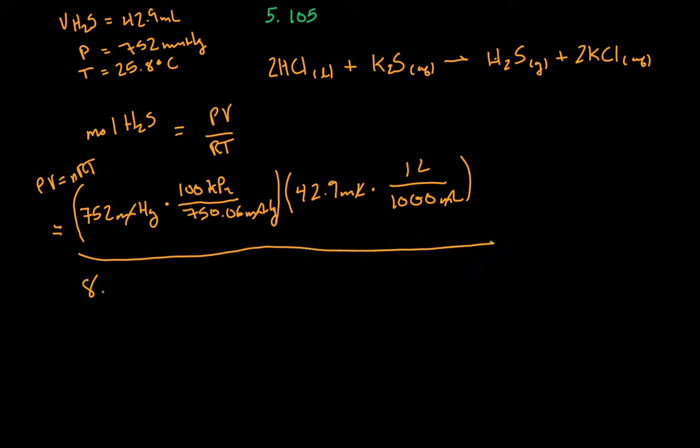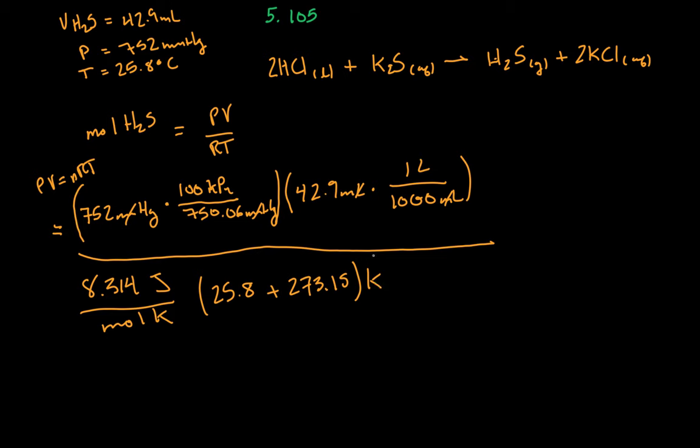The ideal gas constant is 8.314 joules per mole Kelvin, and we're multiplying that by 25.8 degrees Celsius, which we convert to Kelvin by adding 273.15.